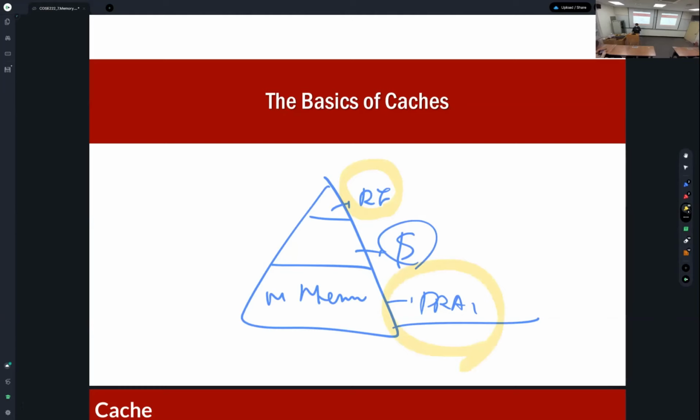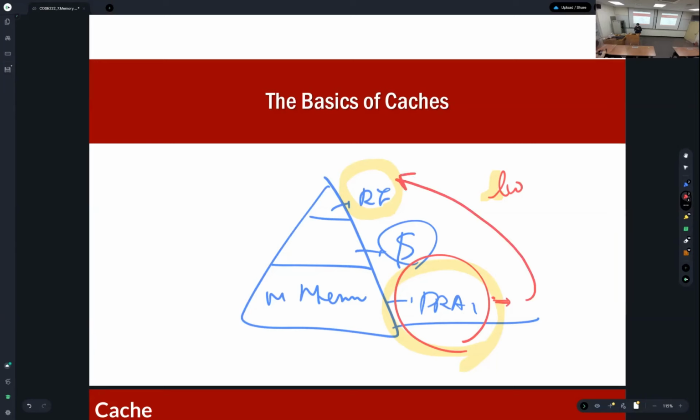So when a load instruction is executed, like load word, load word reads data from the main memory and transfers this data to the register file. Store is the inverse direction.